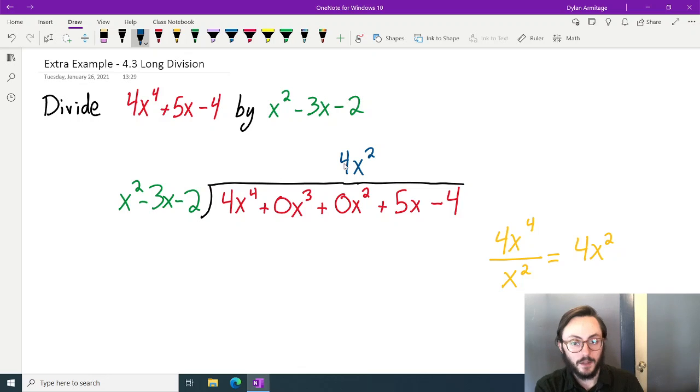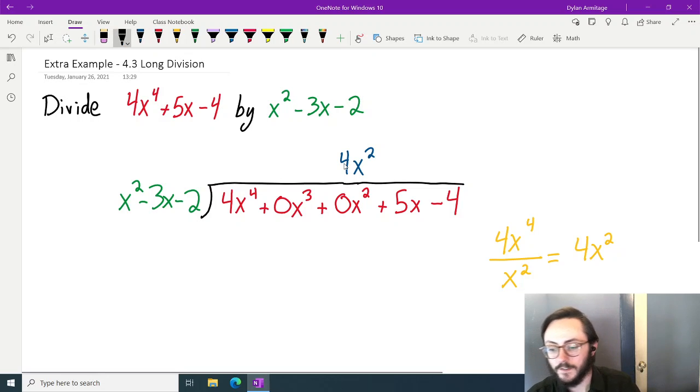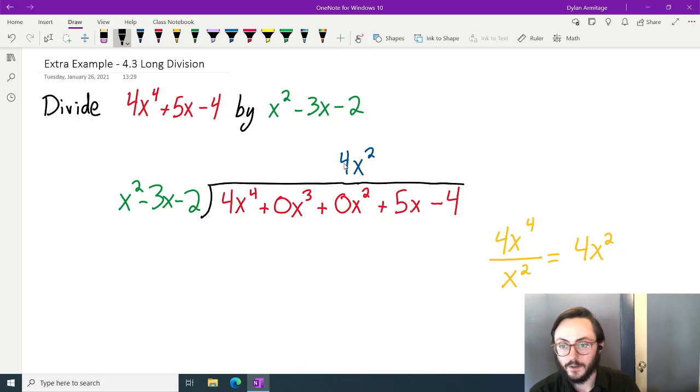Now we multiply our divisor by this 4x squared. 4x squared times x squared is 4x to the fourth. 4x squared times negative 3x is negative 12x to the third. 4x squared times negative 2 is negative 8x squared.